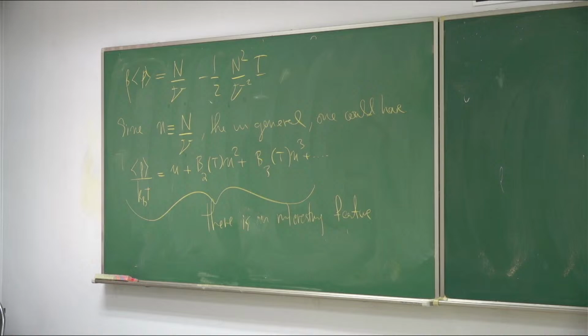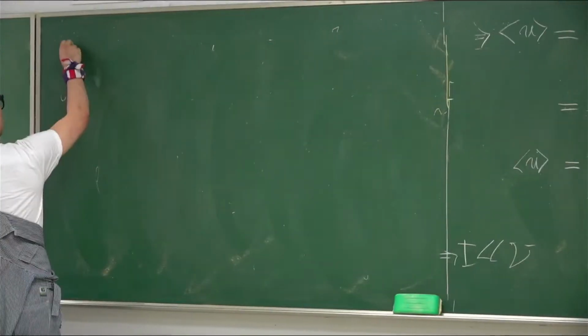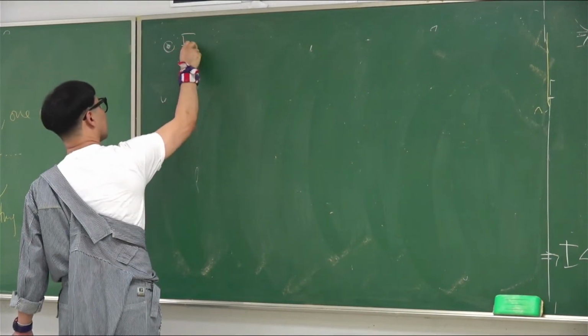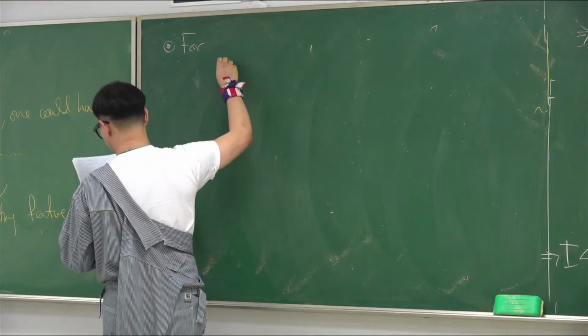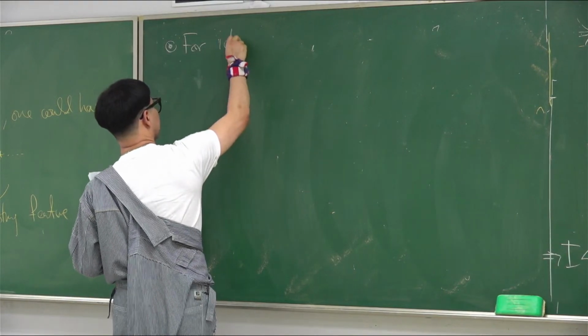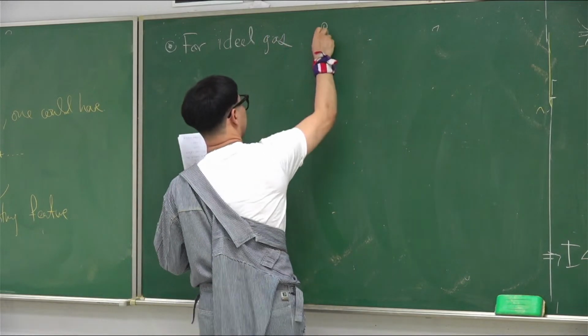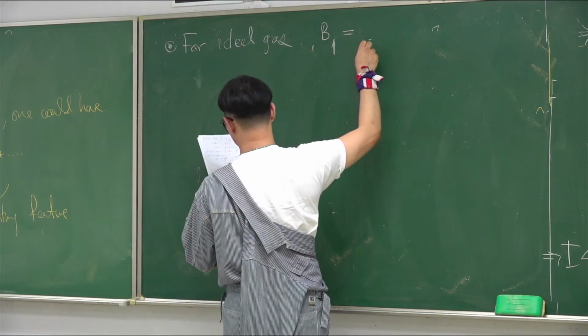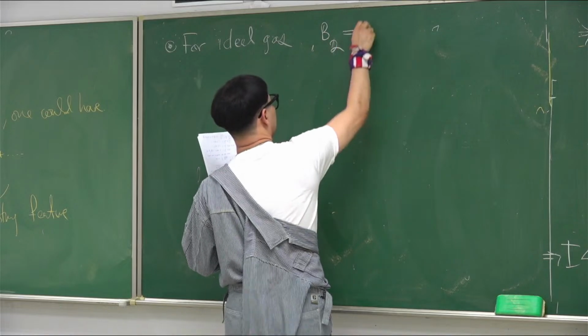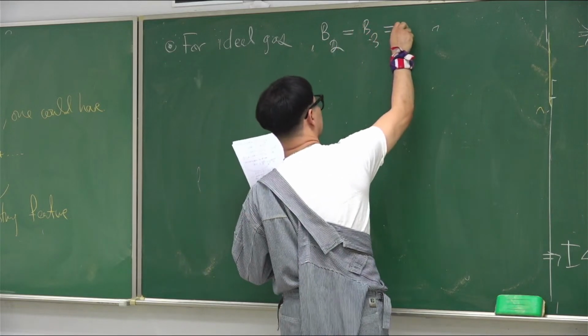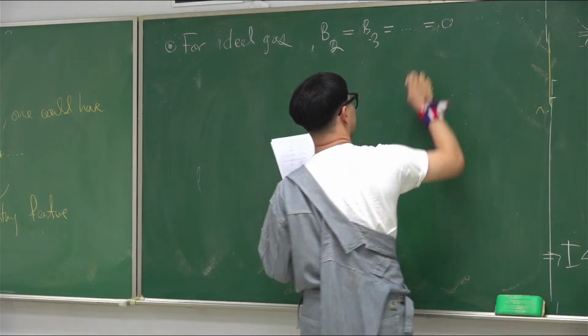It turned out that for ideal gas, we find that B2, B3 have to be 0.